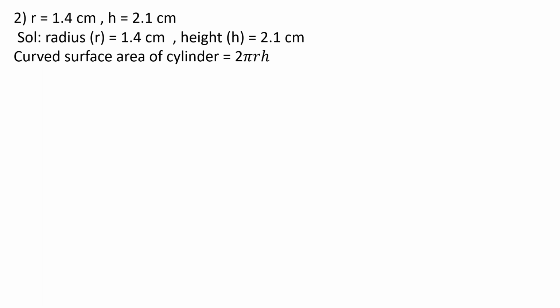So here also student, I'll take the value for pi as 22 upon 7. So that is equal to 2 into 22 upon 7 into, for the value of r, that is radius, it is given 1.4. So I'll write 1.4 into h, height, is 2.1 centimeter, so you'll write here into 2.1.